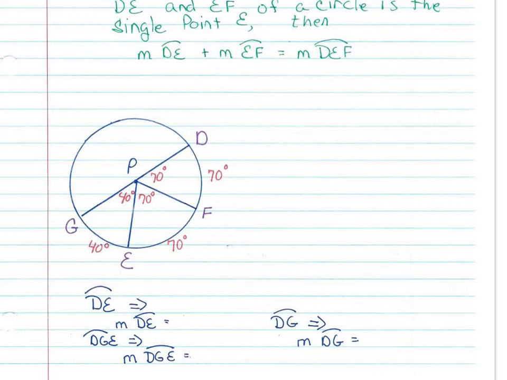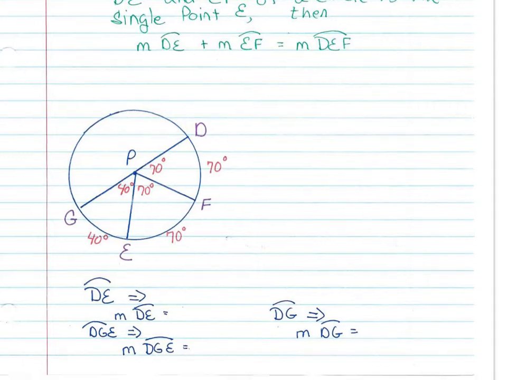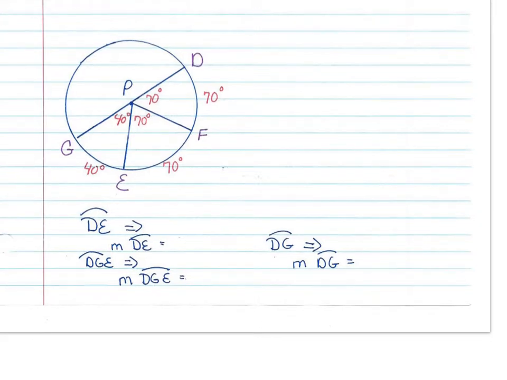Minor. How do you know it's a minor arc? It's less than 180 degrees, and its measure is 140 degrees, because we can add the measure of arc DF and the measure of arc FE.